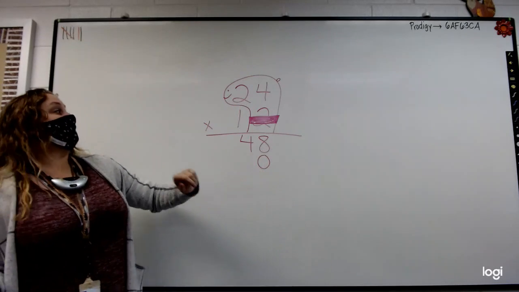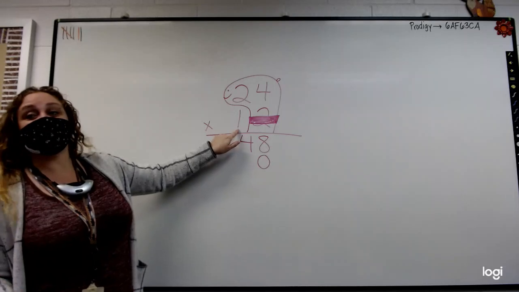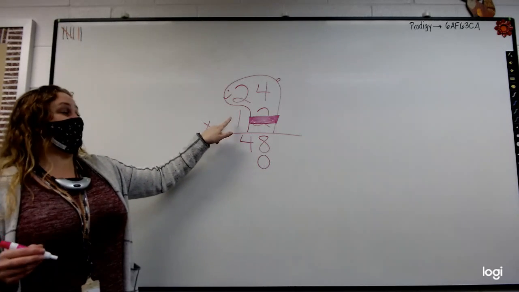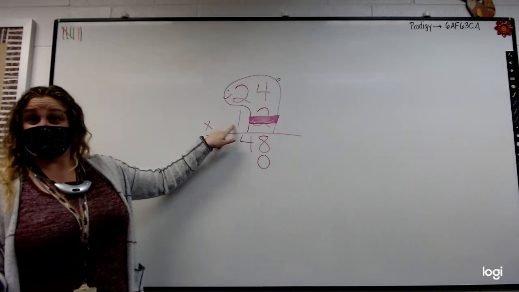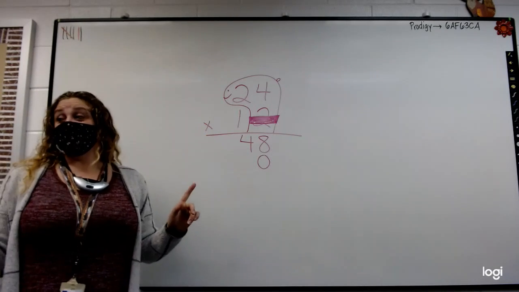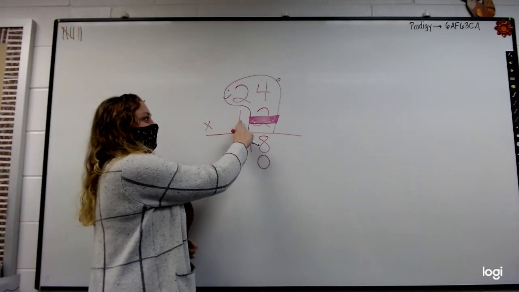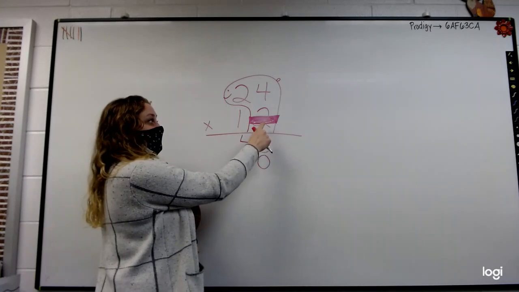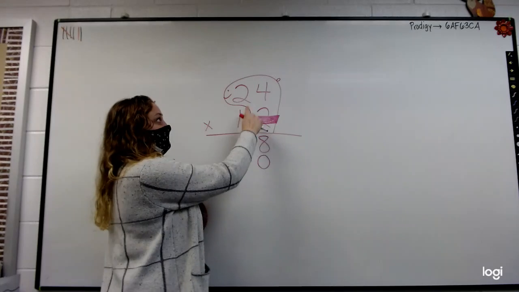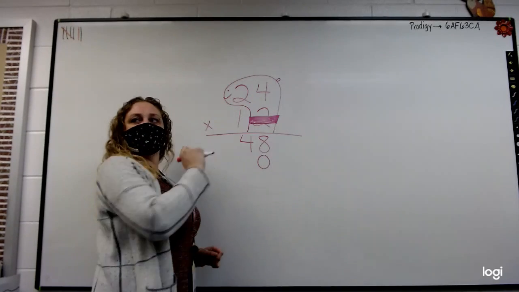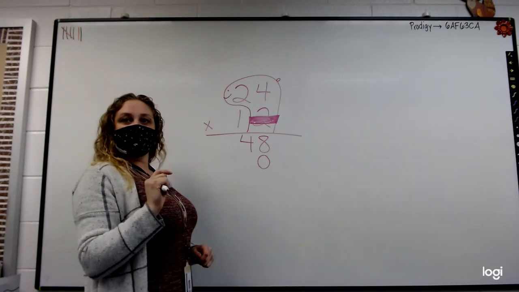Now, we repeat the entire process with the number outside the neck because it wants to be included. It's feeling left out. The first thing we always do, you can almost pretend that this 1 is the number in the neck. So, first step, we go 1 times 4. What is 1 times 4? Noah? 4.